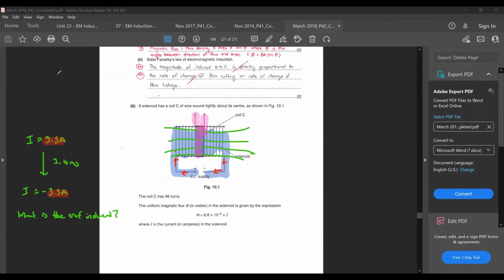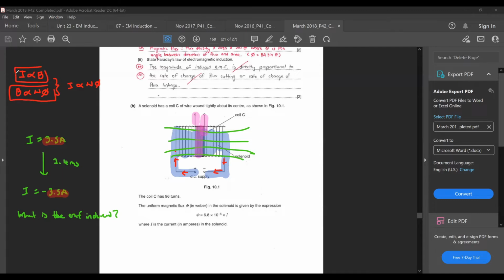Just now, one of the main things that we were able to do was that we know that I is proportional to B, and B is proportional to flux linkage, and from there we also say that I is therefore proportional to flux linkage. This is one of the relations that we did just now.